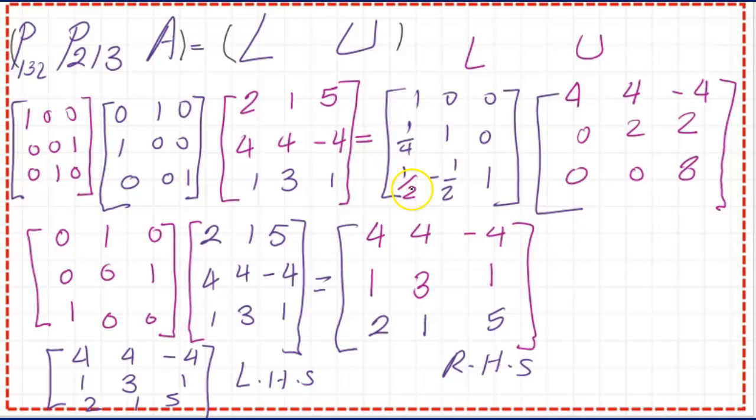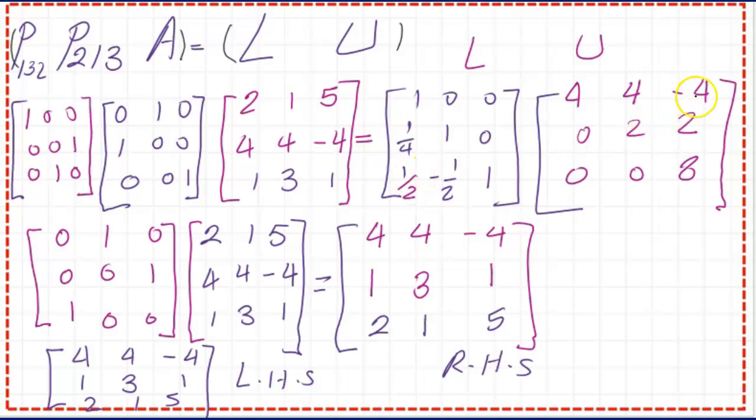Okay, for the last row, 1 half, minus 1 half, and 1: 1 over 2 by 4 is plus 2, minus 1 over 2 by 0, and 1 plus 0, there is no quantity, so we have 2. Then 1 over 2 by 4 is 2, minus 1 over 2 by 2 is minus 1, 2 minus 1 is plus 1.